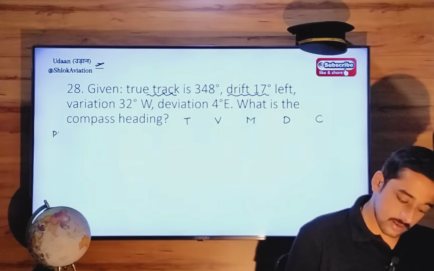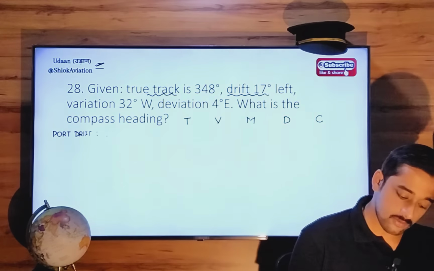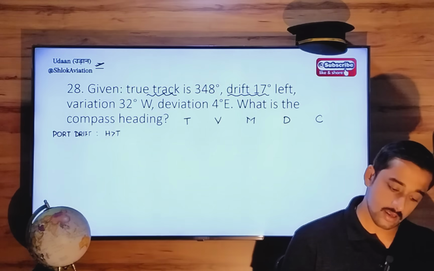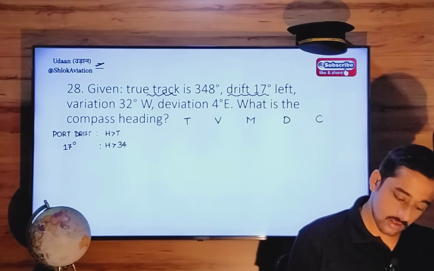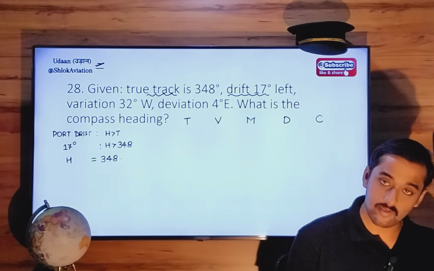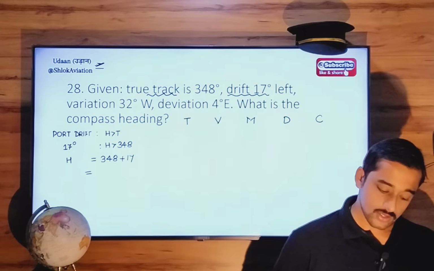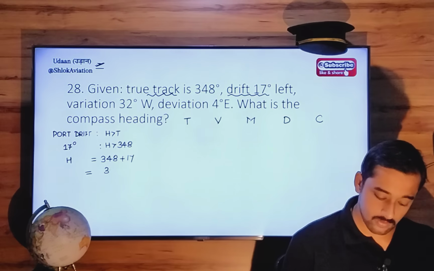With port drift, heading of aircraft is going to be more than its track. Port drift is 17 degree. Track is 348. So heading will be more than 348 by 17. So 348 plus 17 will be 365.